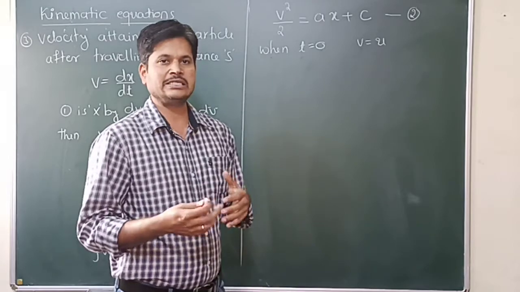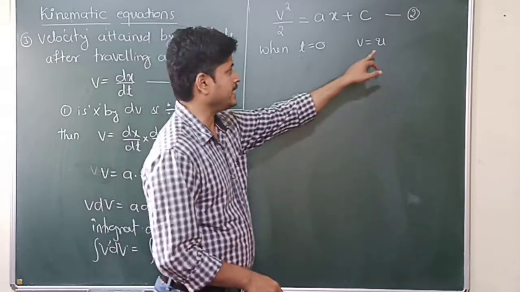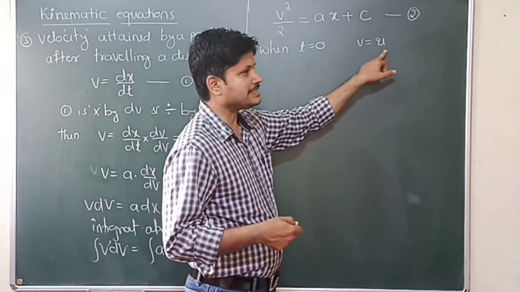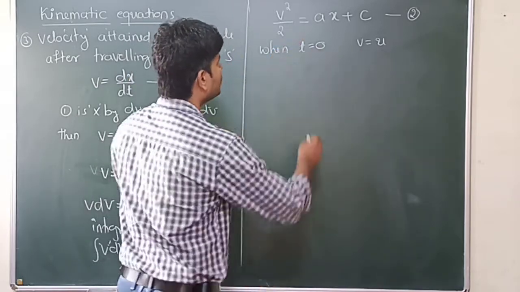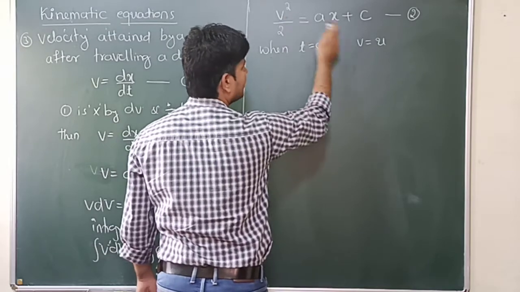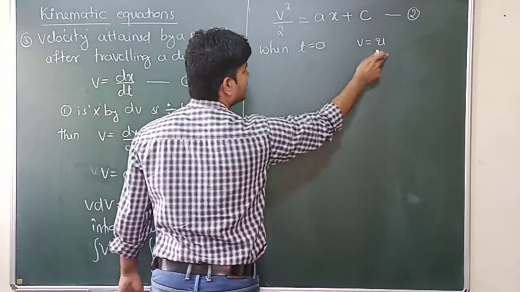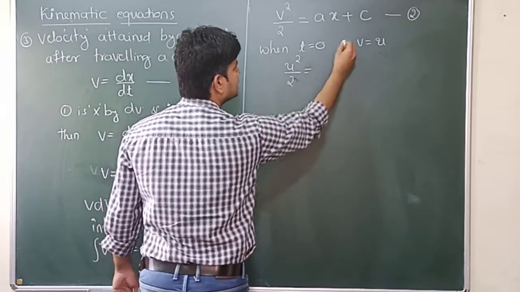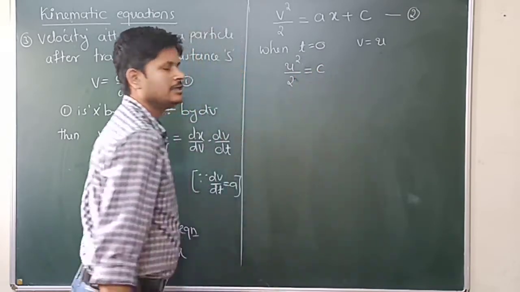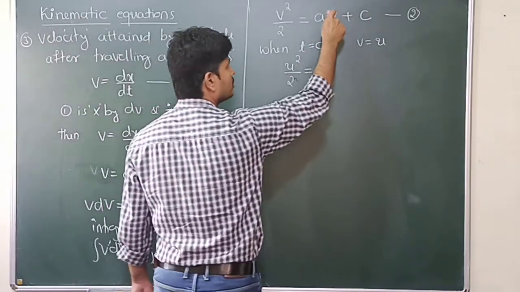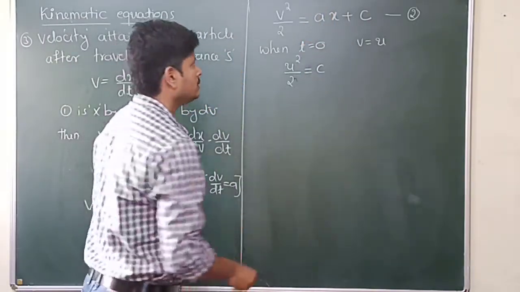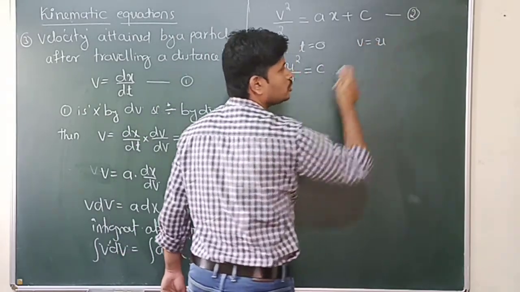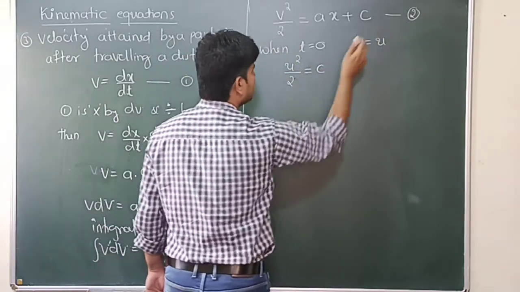Before the particle starts moving, its initial velocity is u. Therefore, if you substitute the value of v by replacing this v by u, then u square by 2 is equal to c. Correct? This becomes 0 because this displacement is 0. Therefore, substitute this value into equation 2.